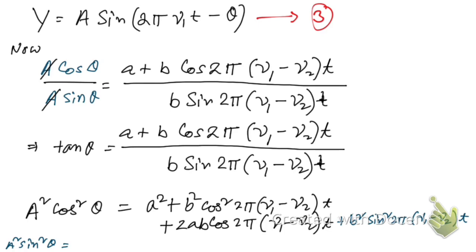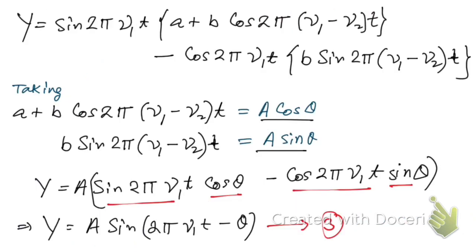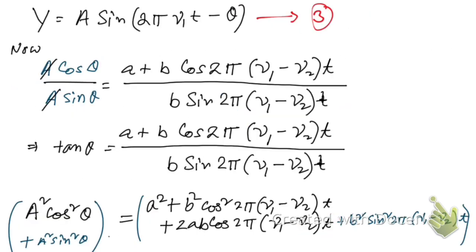So on the left hand side, we will get A square cos square theta plus A square sine square theta, right? This is what we have got on this left hand side, and this is the right hand side. So what we have done, we have squared these two equations and then we have added these two, then we have got this, right?